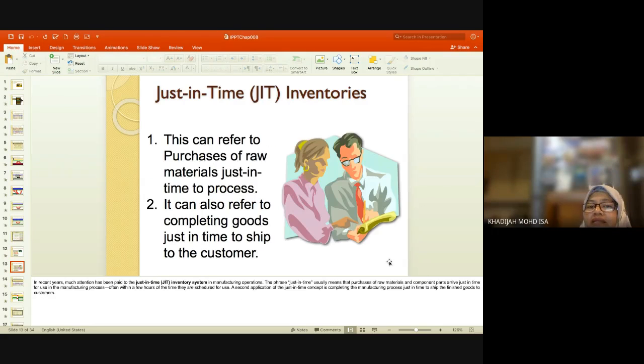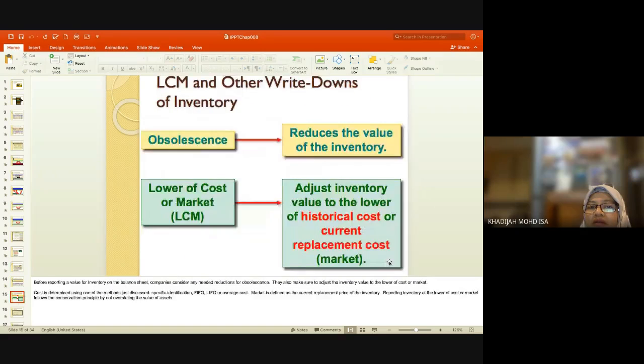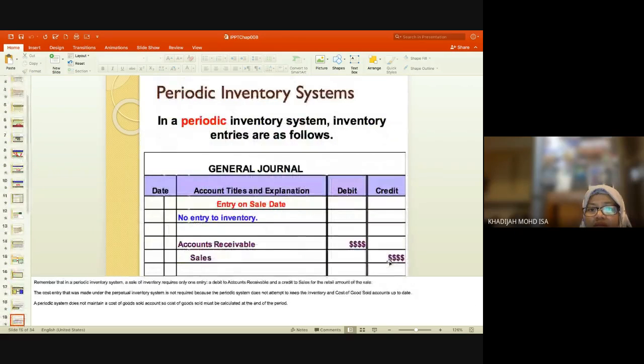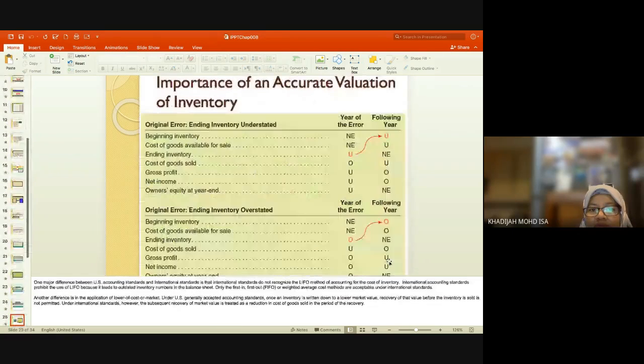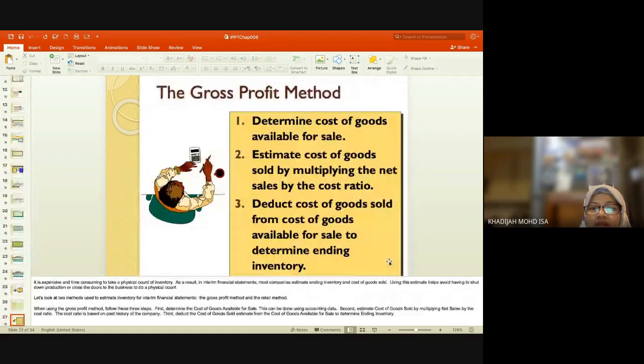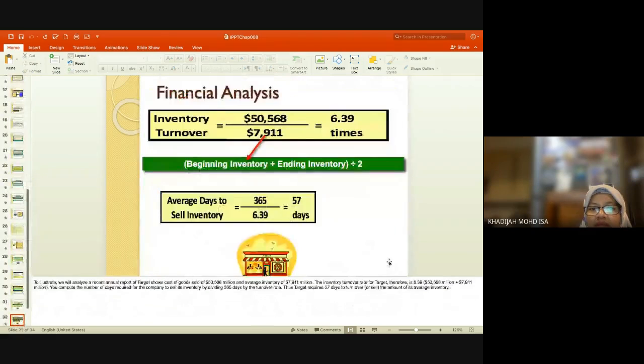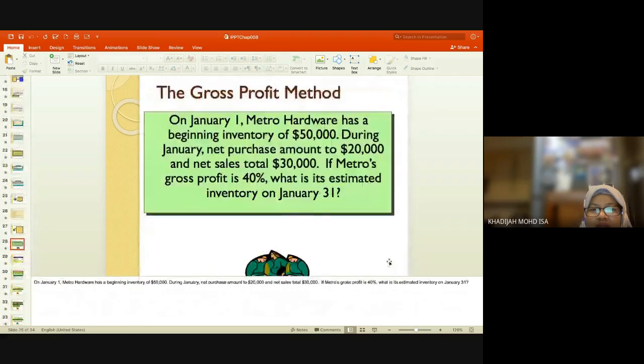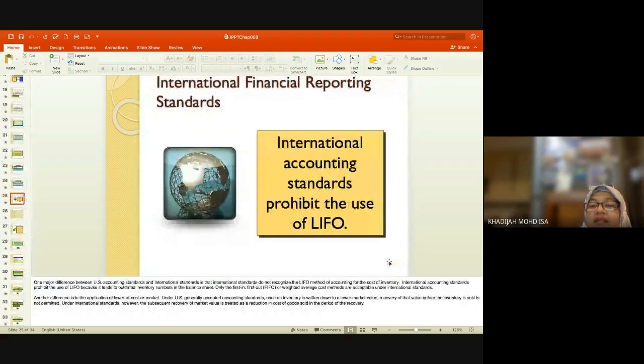Okay, hold on, before I go into that. Here we actually saw earlier that the International Financial Reporting Standard prohibits the use of LIFO. You see that?